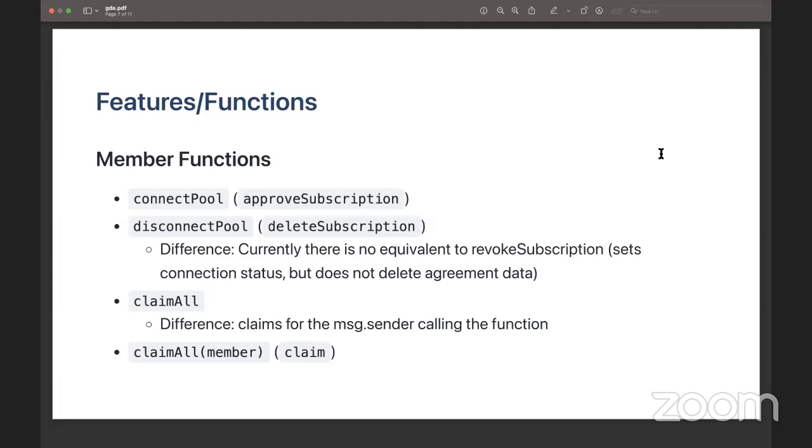So in the IDA, we have approve, delete, and revoke. The delete actually deletes the agreement data completely. The revoke subscription just sets the is connected or approval status to false in IDA, but we only have one to create and then delete.